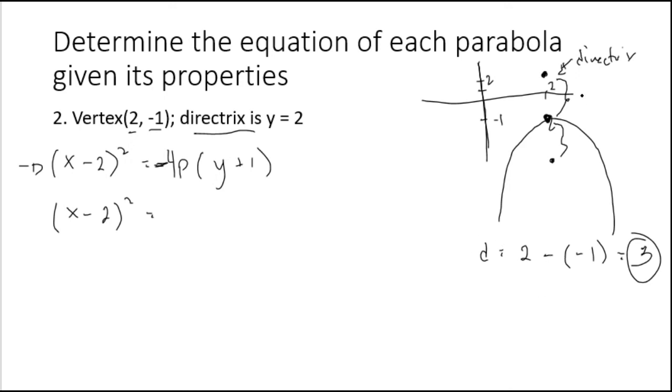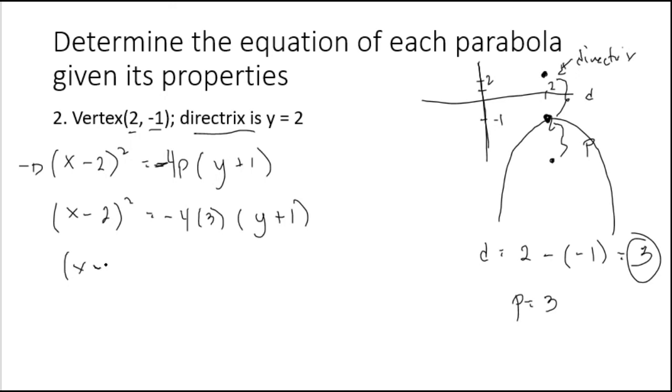So, knowing that they're equal, so the directrix and the focus in terms of their distances to the vertex, P is equal to 3. So, this will be negative 4 times 3. Then, quantity (y plus 1).